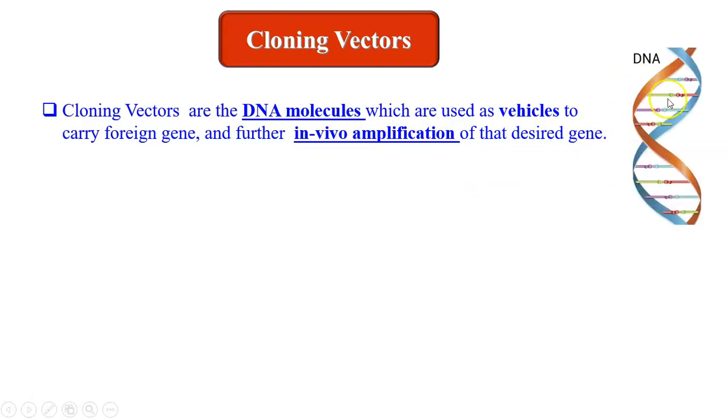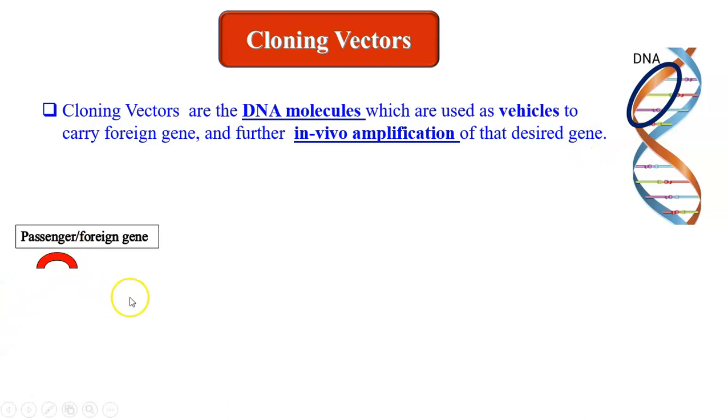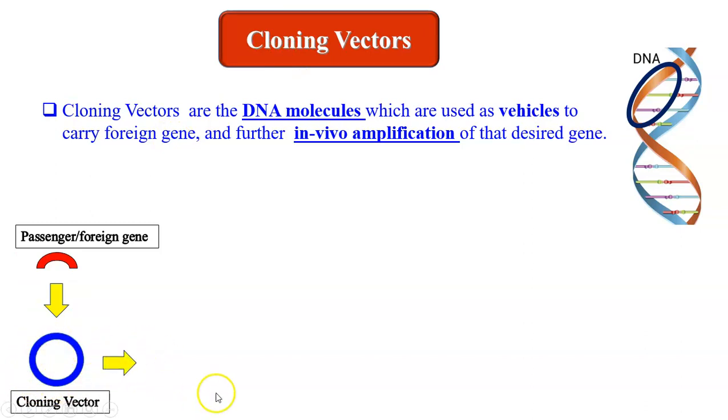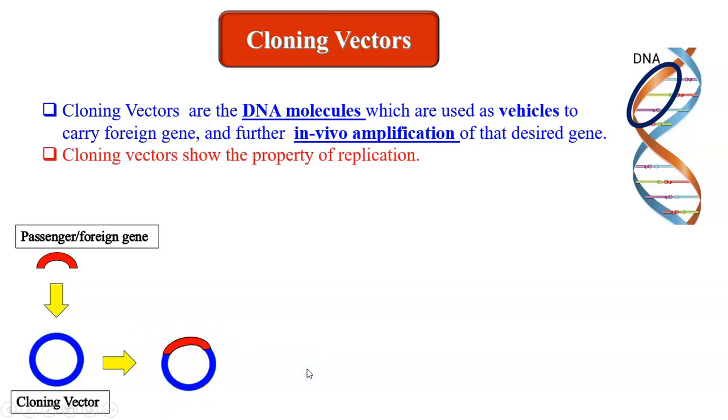So here the desired segment of DNA to be amplified is called the passenger or foreign gene. We expect this to multiply. It is introduced into this cloning vector, which is a DNA molecule, and as a result we get the recombinant DNA. Cloning vector shows the property of replication.